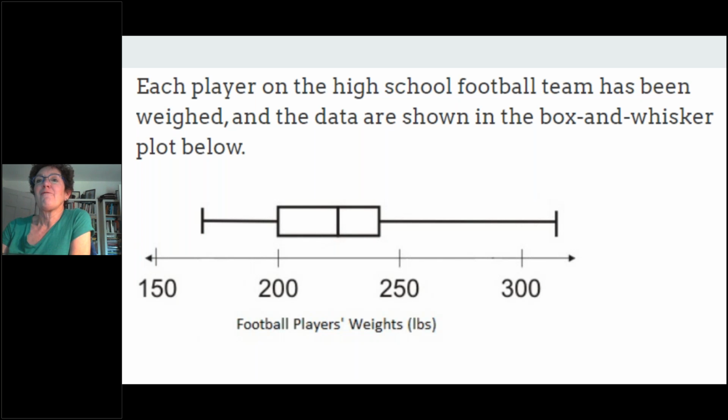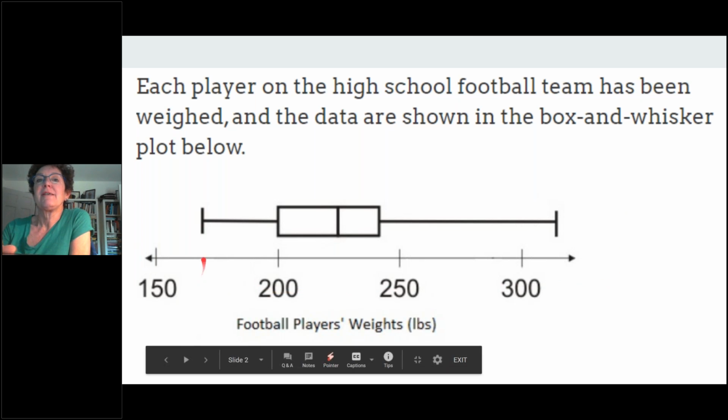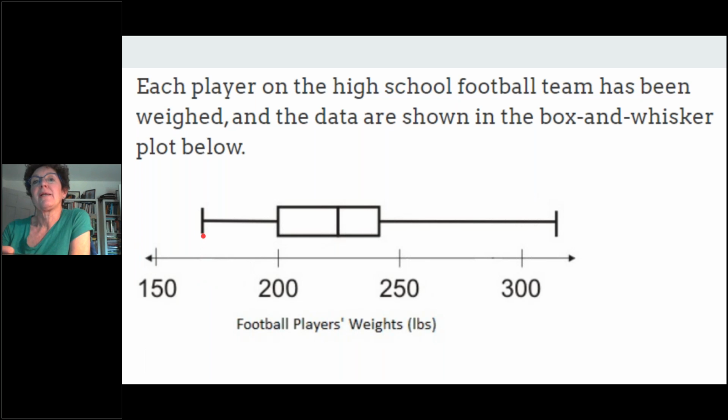There are 5 important measures that you can see in each box and whisker plot, and they are usually marked by bars.